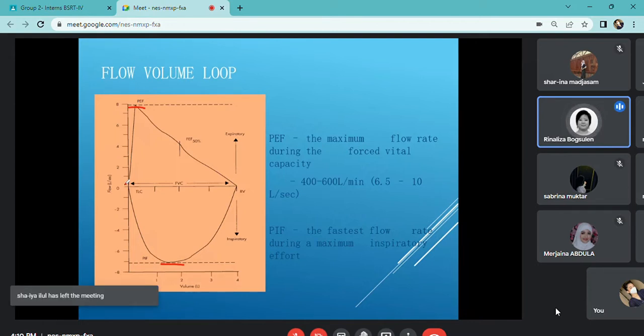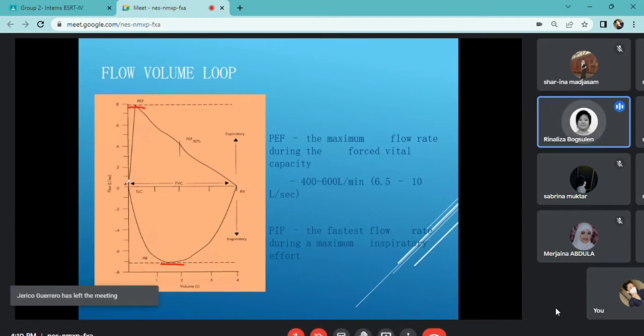Okay? The start is 25, this is your 75%. So FEF 25 to 75%. Okay? Your FEF 200 to 1,200, since this is the volume, is the first 200 to the next 1,000. Okay? That is your FEF 200 to 1,200. So, PEF is the maximum flow rate during your forced vital capacity.